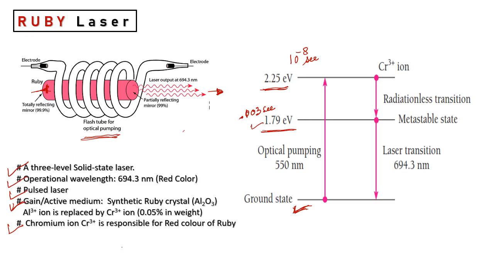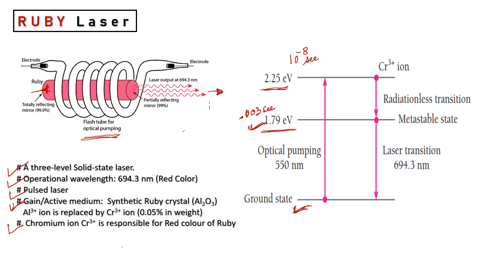So a ruby crystal, which is aluminum oxide Al2O3, in which some of the aluminum Al3+ ions are replaced by the chromium ion Cr3+, which are responsible for the red color. A chromium ion has a metastable state of 1.79 electron volt, whose lifetime is about 10 to the minus 3 second.